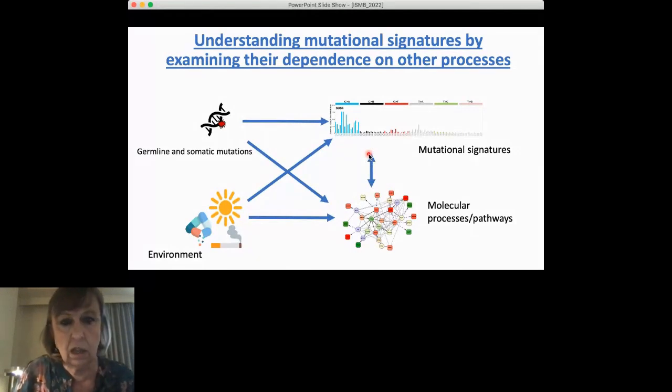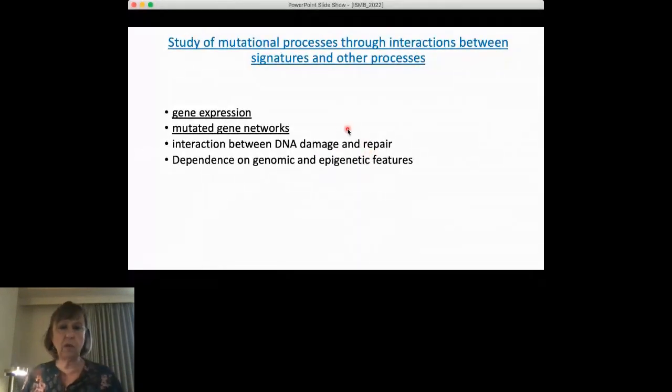Okay, so in my group, we've been working for a couple of years on trying to understand those processes. And today I will focus on the approaches that are related to gene expression and mutation gene networks, because those are two questions that are most closely related to network biology.